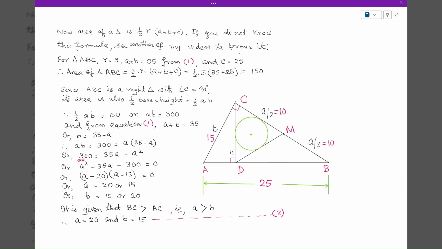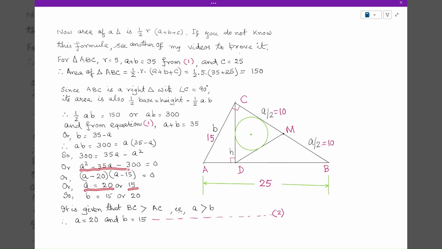Therefore, 300 is equal to 35a minus a square. By rearranging terms, we get a square minus 35a plus 300 is equal to 0. If you factorize the left hand side, we get (a minus 20) multiplied by (a minus 15) is equal to 0, or a is equal to 20 or 15.